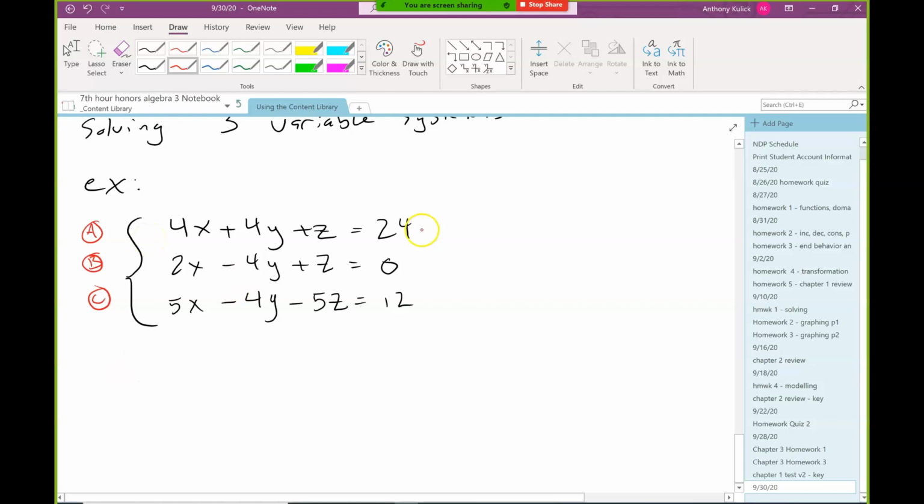To get the Z by itself, we'll subtract 4x, subtract 4y, and there's my new equation. Everybody okay with that?